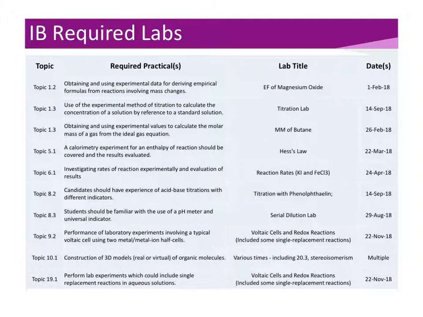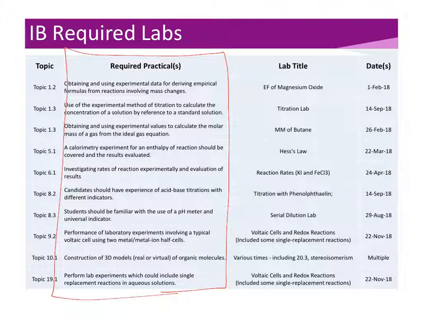So these are the required practicals that IB asks me to give you as experiences within this class. And they're relatively general. So, let's take a look here. Obtaining and using experimental data for deriving empirical formulas from reactions involving mass changes.